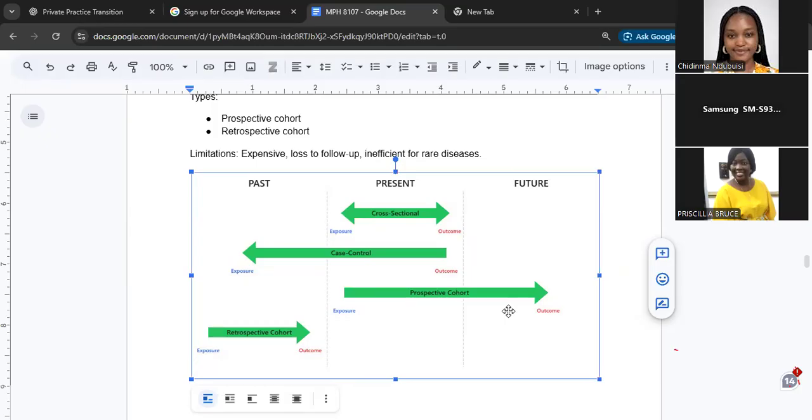The key thing that is different is that for the retrospective cohort, it's like if a doctor or a researcher goes to the hospital and picks case notes of what has happened in the past, case notes of past patients, and says this patient once said he's smoking on his case note. Okay, you take that patient.